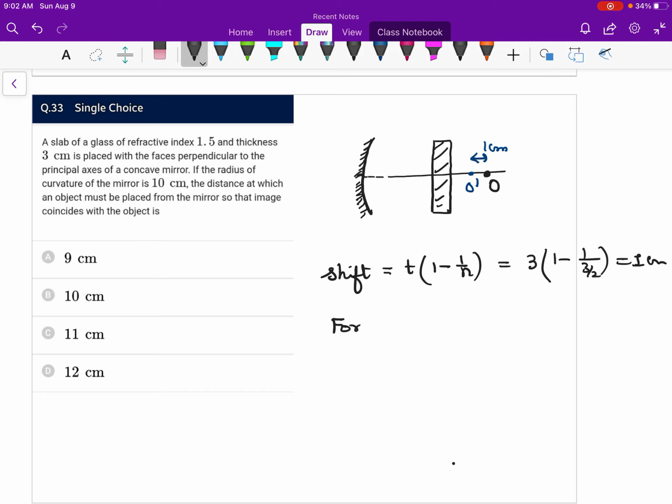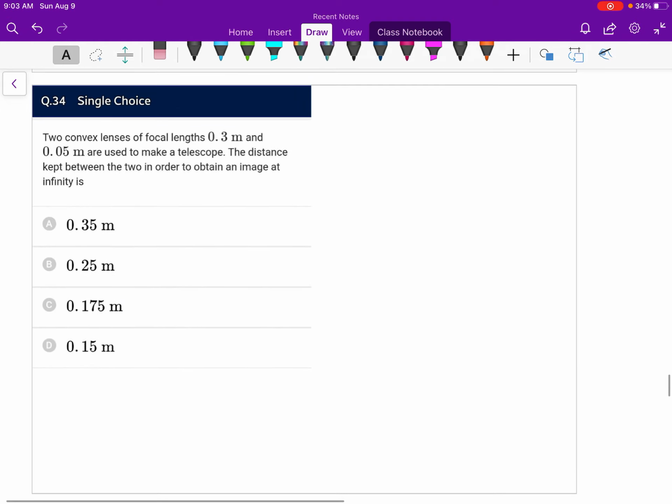So for the mirror, O dash acts as the object, and for the image to coincide with the object, the O dash distance should be equal to the radius. So this R is 10 centimeter, and this is 1 centimeter. This should be R, which is 10 centimeter. So the overall distance of the object from the mirror is 11 centimeter. So C is the correct option.